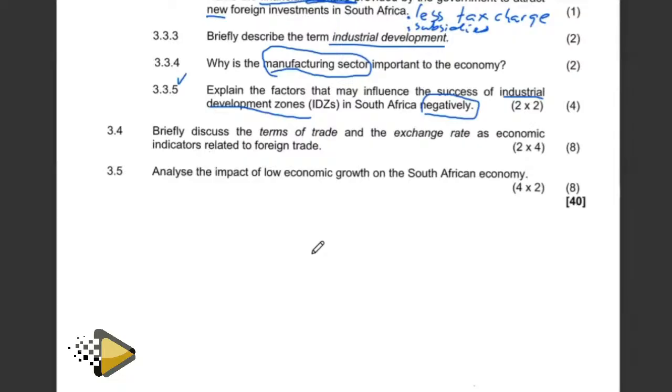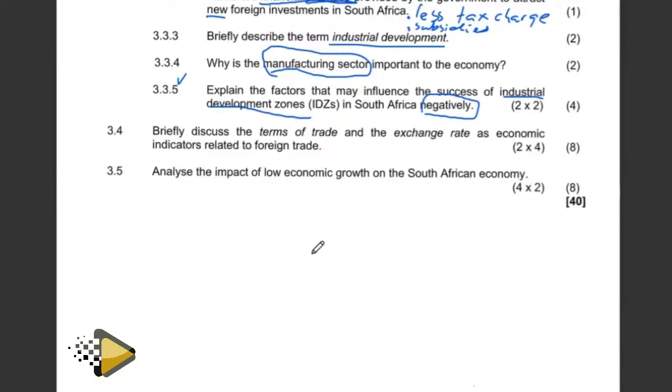If we check some of those vectors, we have poor management of resources. The fact that there is poor management of resources in South Africa is going to hinder the progress of industrial development zones.